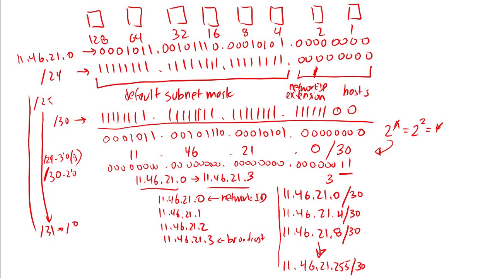So we would have conserved a lot of addresses. Now, you can quickly figure out how many networks you're going to end up with.